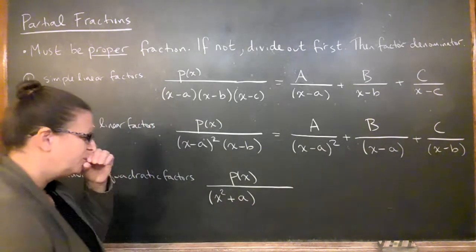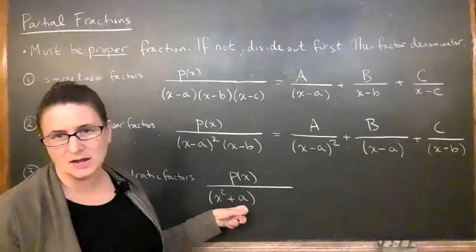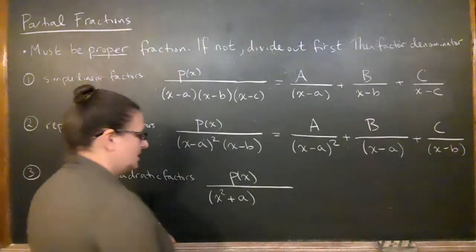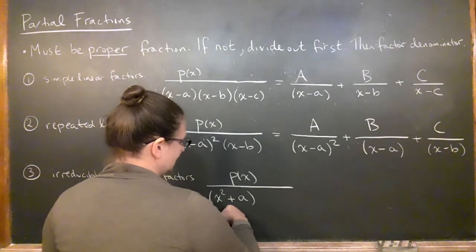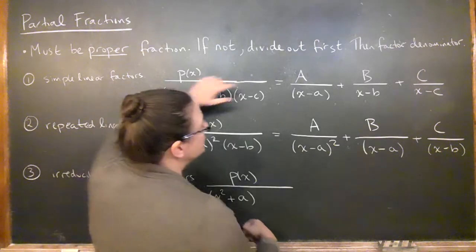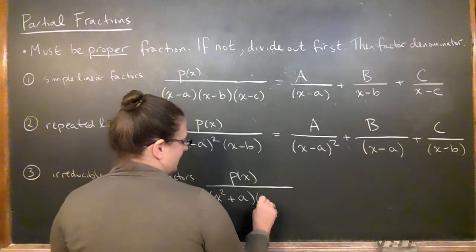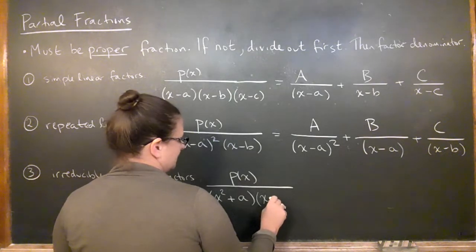Okay? And often this is something nice, a squared, right? But it's not always. You could have something else. But there's always going to be a plus, right? Because if it was a minus, you could factor it. If it's a plus, you can't factor it. So put something else here, right?